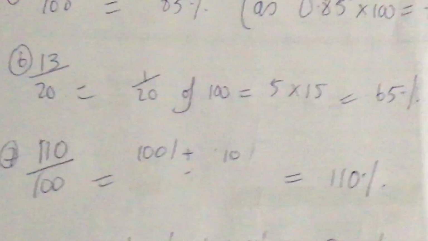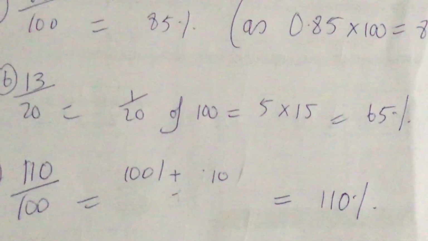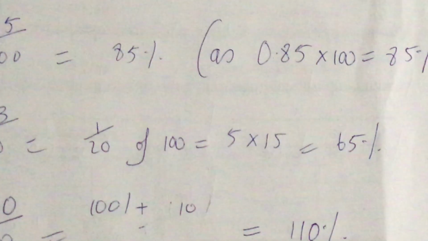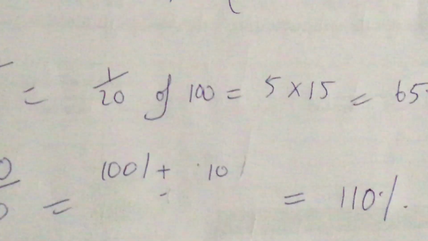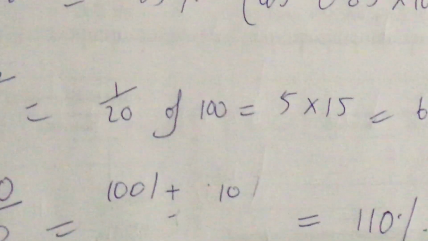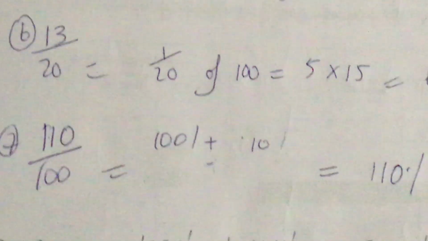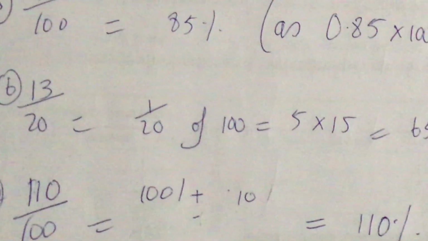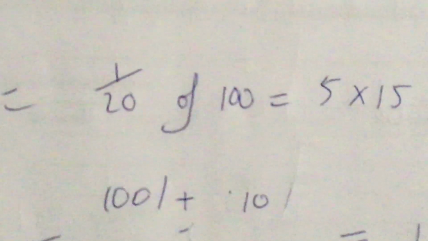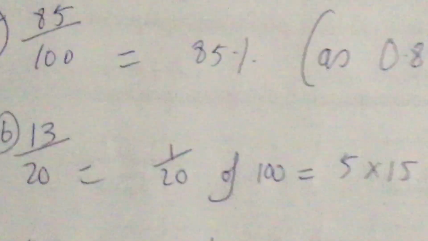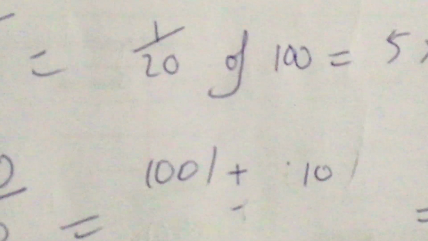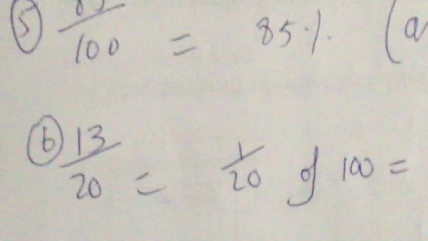Okay, guys? Then 110 over 100 is 100 over 100 plus 10 over 100. Sorry, guys, there should be 2 dots there. It reads 100%. It should be a line with the dot here and the dot there. And I haven't got a pen in my hand.